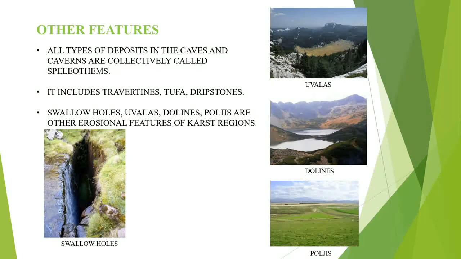Other features. In the limestone regions, we have seen many features created by underground water. Other than that, many more features are formed inside the earth's surface. What are they? Swallow holes, uvalas, dolines, dripstones, tufa, travertines, etc. These are all erosional features of karst regions.